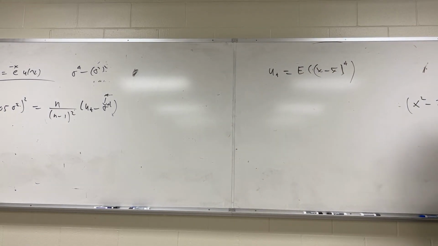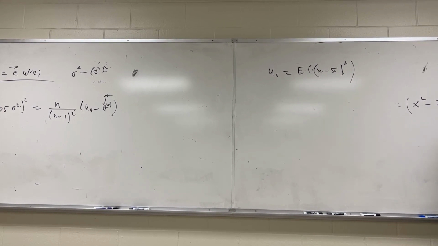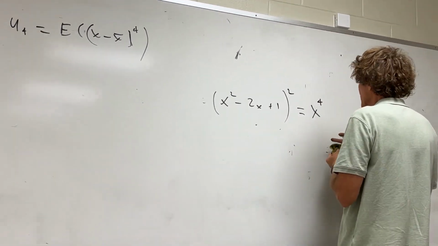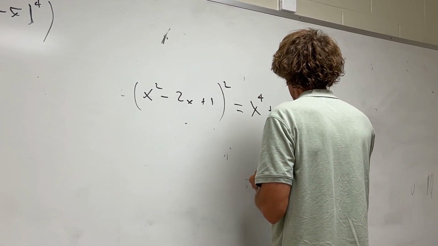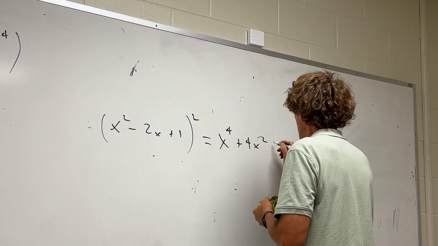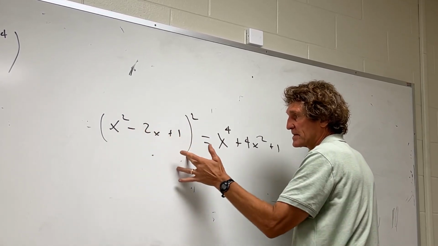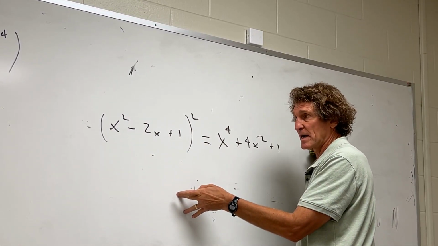Here you can take a look, and the way I do these, you can do them any way you want. You take all these terms and you multiply them by itself first. So I get x to the 4th, right? Then I get minus 2x times minus 2x is plus 4x squared. 1 times 1 is plus 1, right? Now normally I have this and I'll have this again multiplied by itself.